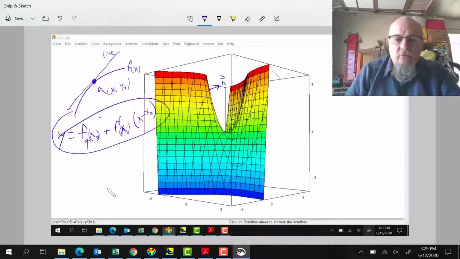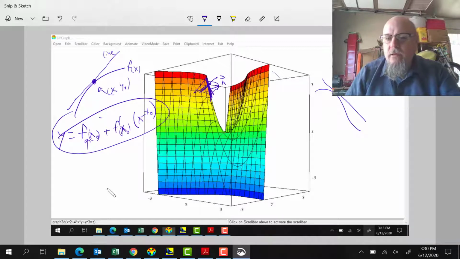There's the normal vector to the surface at that point, but it's also perpendicular to the plane at that point. My drawing is terrible, but a 2D analog would be, there's the surface, there's the line, the normal vector is perpendicular to both the line and the plane. The line and the curve, I guess, at that point.